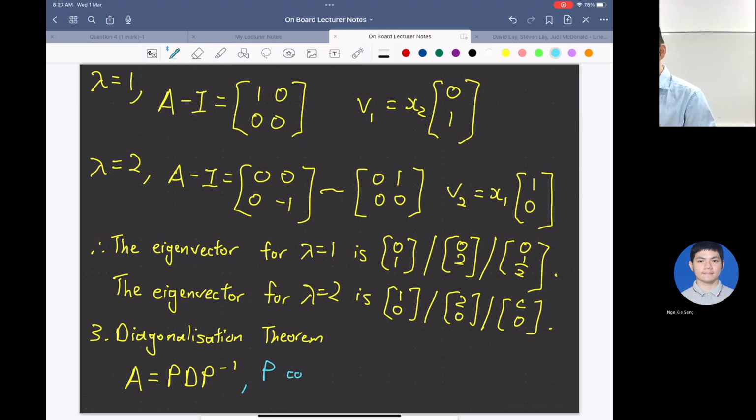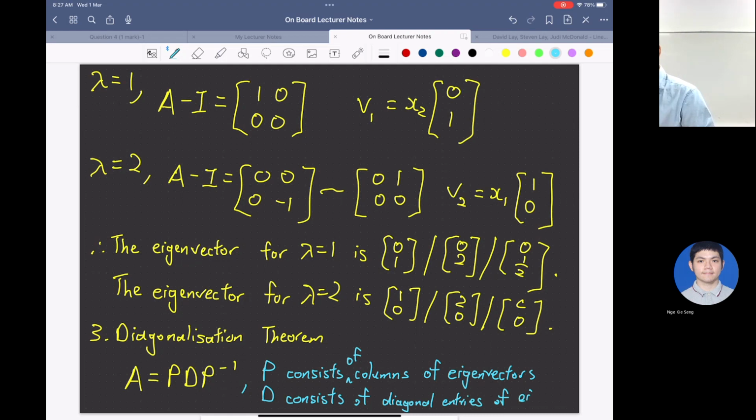P consists of columns of eigenvectors, and D consists of diagonal entries of eigenvalues. So far okay? So what's good?